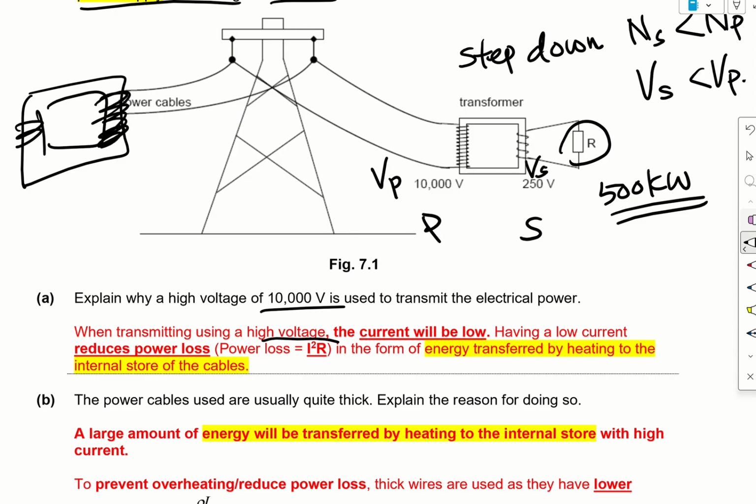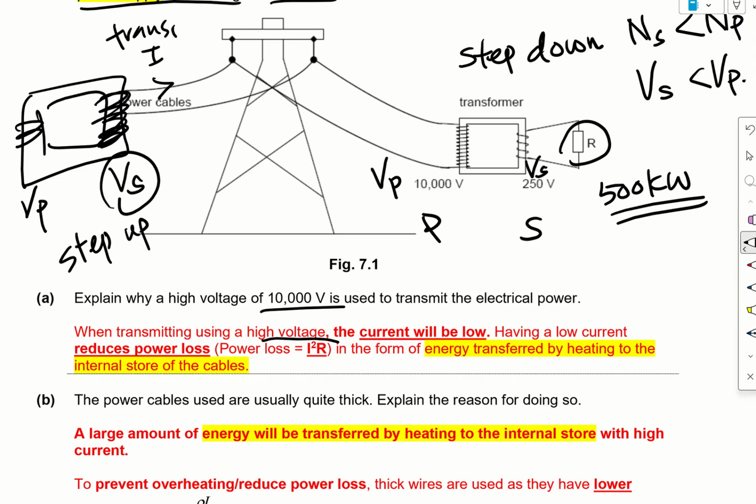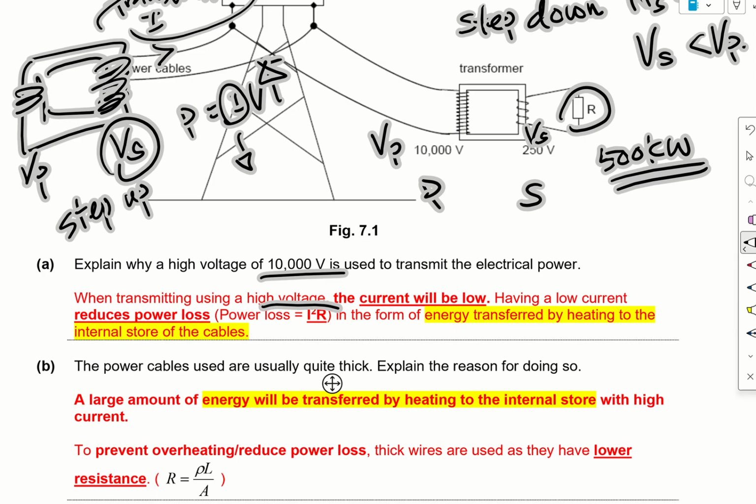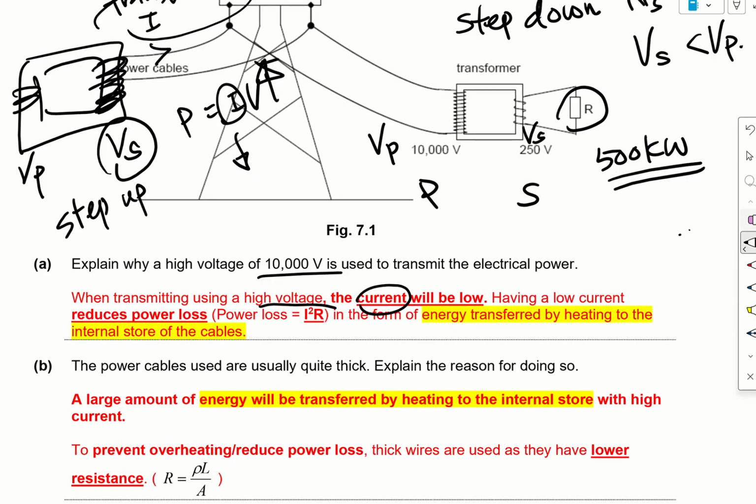I need to step up the voltage so that the transmission current can be low, because power equals IV. If my voltage is high, therefore my current will be low. Why do I want a low transmission current?